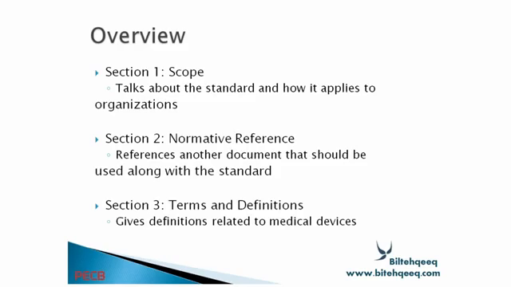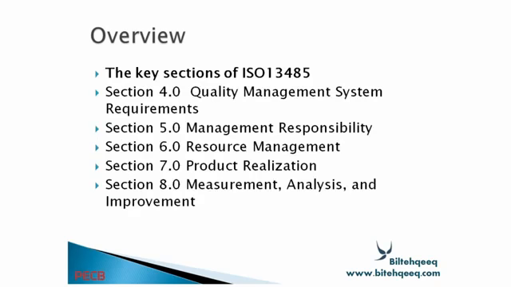Section 3, terms and definitions, gives definitions related to medical devices. Section 4, the key section of ISO 13485, is quality management system requirements. Section 5 covers management responsibility. Section 6 talks about resource management. Section 7 describes product realization. Section 8, measurement, analysis and improvement.